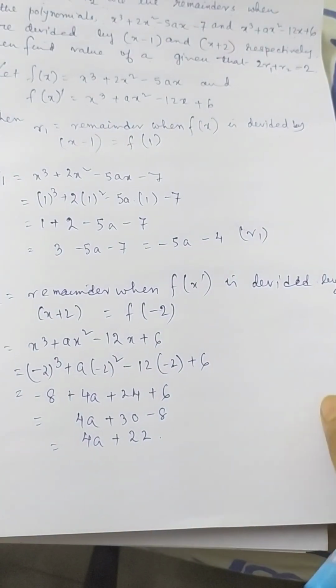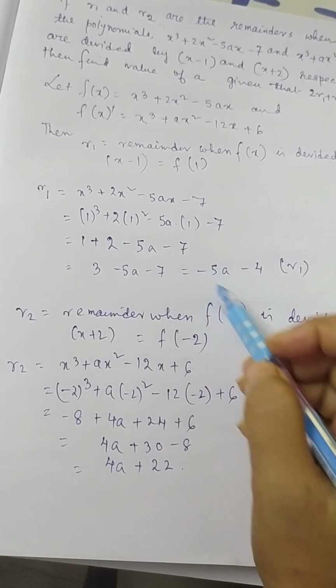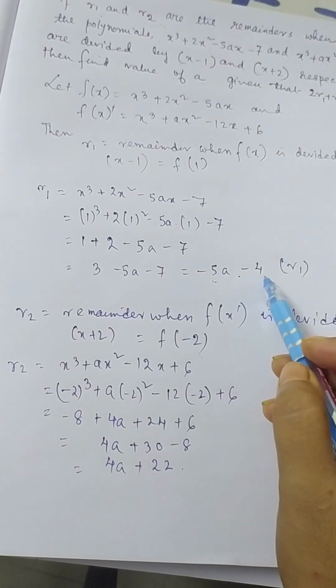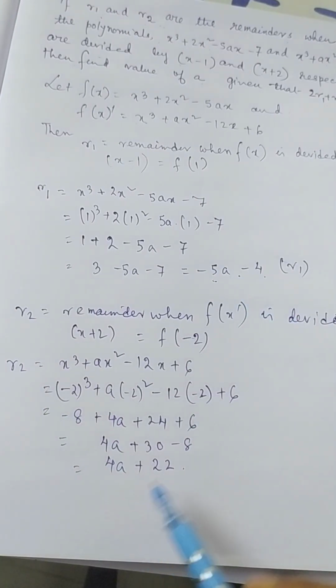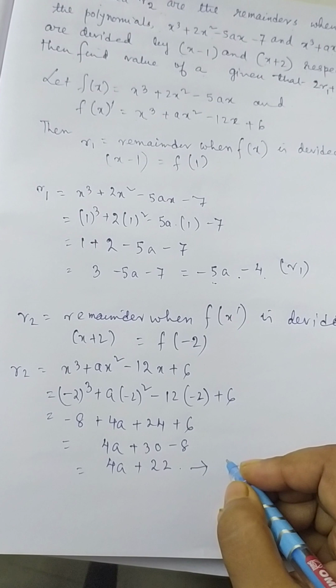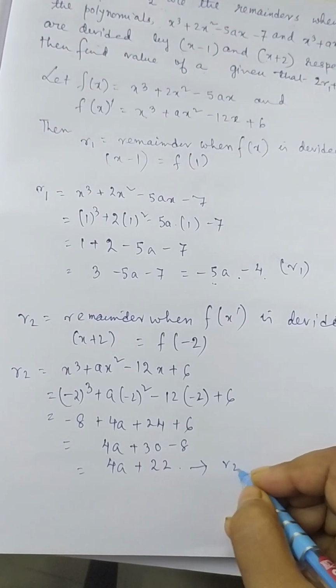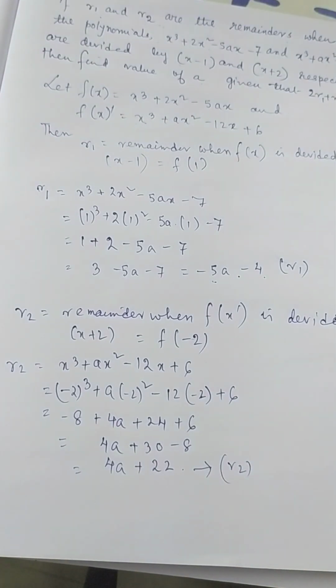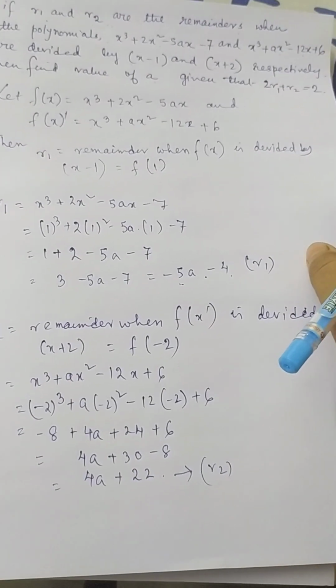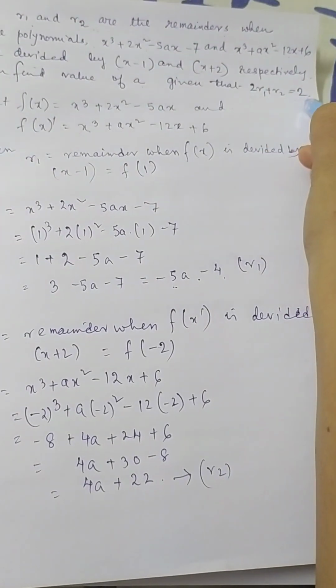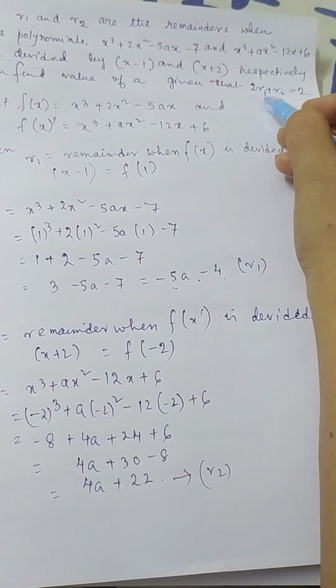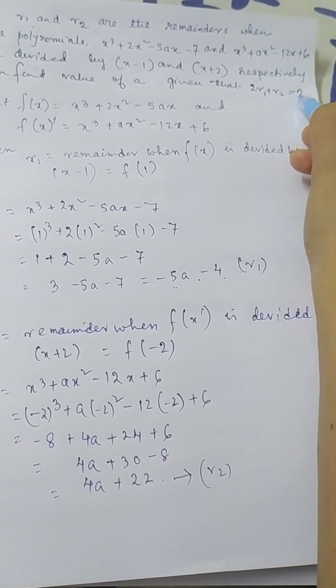Okay, now I got two remainders. The first remainder is minus 5a minus 4 and the second remainder is 4a plus 22. And also in the question a condition is given, where 2R1 plus R2 is equal to 2.